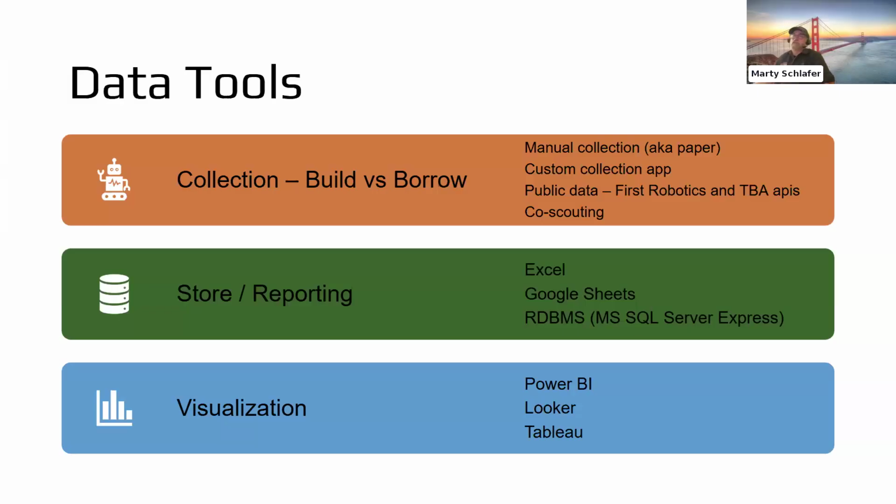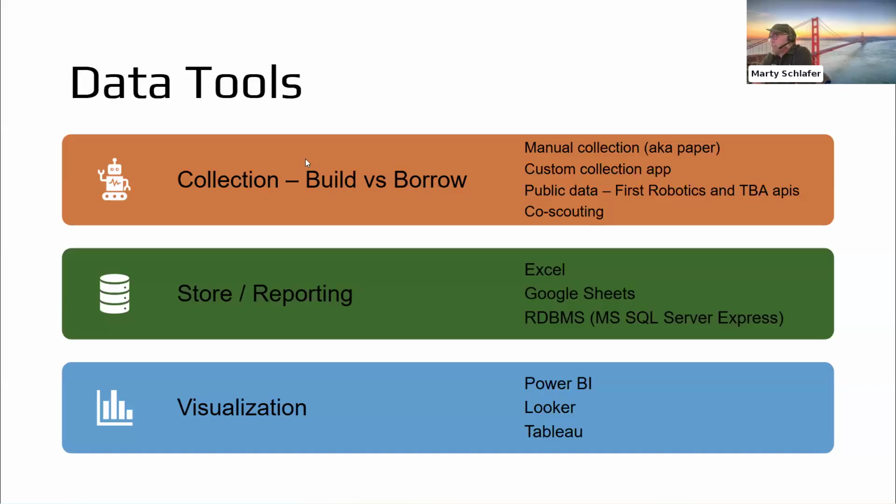So, data tools. We can break down the topology of data from acquisition through the actual reporting, starting with collection. Do we build versus borrow? You can do manual collection, obviously, aka paper. In fact, in 2023, we were using paper to collect our scouting data.